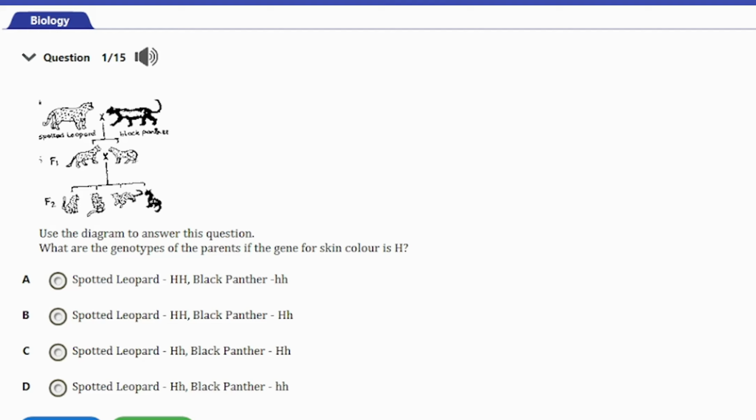Option D, spotted leopard is heterozygous H, while black panther is homozygous recessive H. If you consider all these, the only situation where all the F1 generation show phenotypically the color of the spotted leopard is option A.